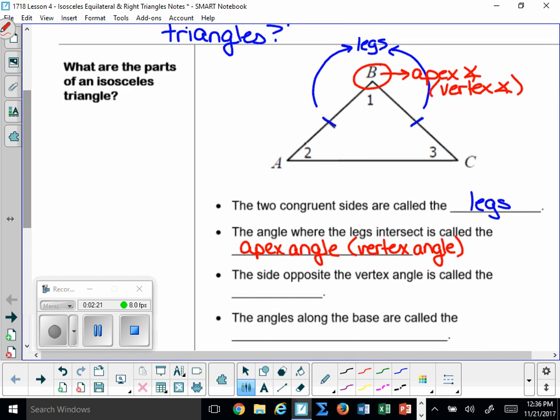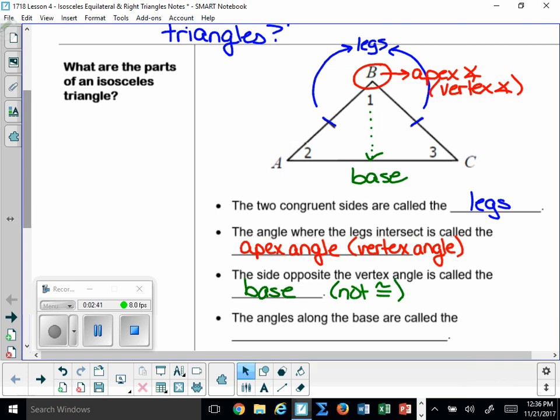The side opposite the vertex angle, so the side that is not congruent, that's called the base. Okay, and the angles along the base are called base angles.